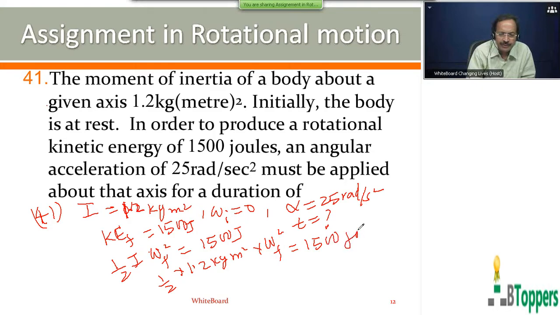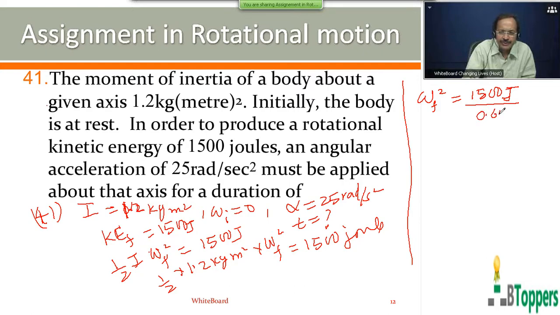From that you can find omega f. That will be 1500 joules by 0.6 kg meter square. We can simplify this further. So the final angular speed you get is 50 radian per second.